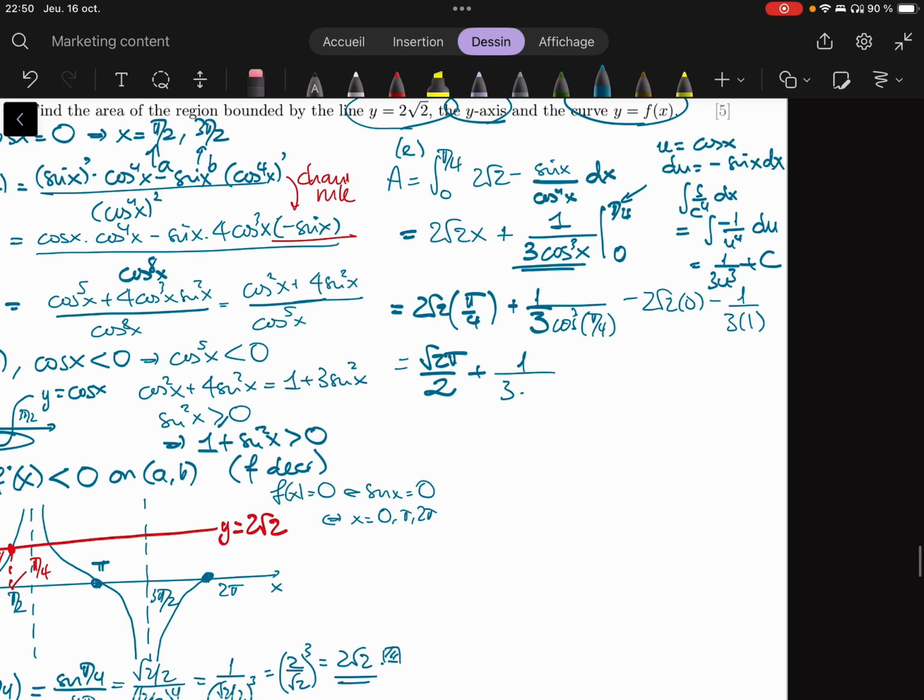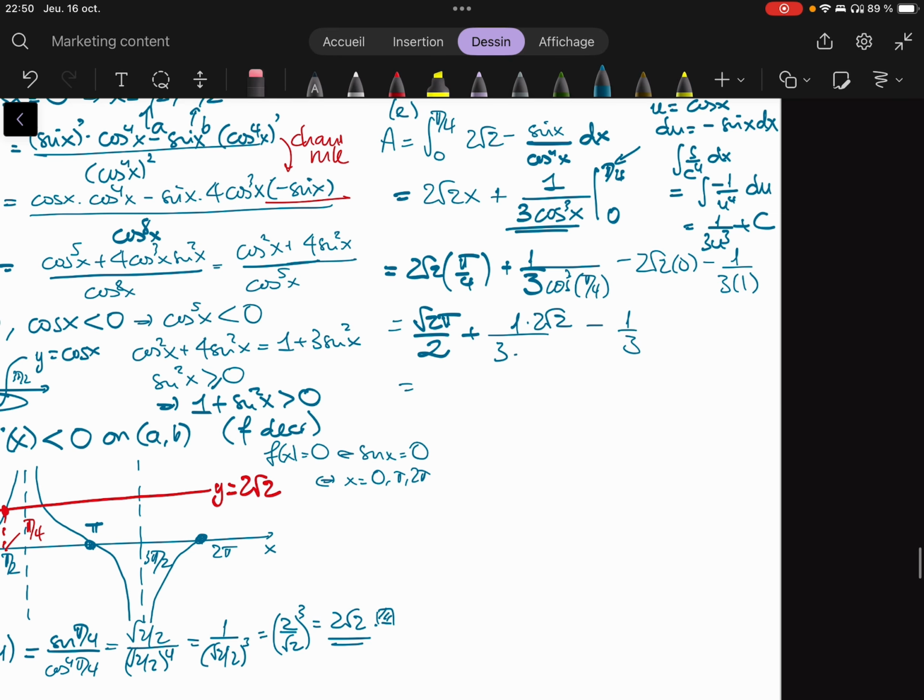Cos of pi by 4, that's root 2 by 2. And you would get this as your final answer. You don't have to simplify your answer any further unless the question asks for it. This is perfectly valid as your final answer.